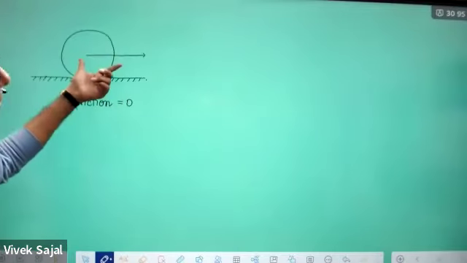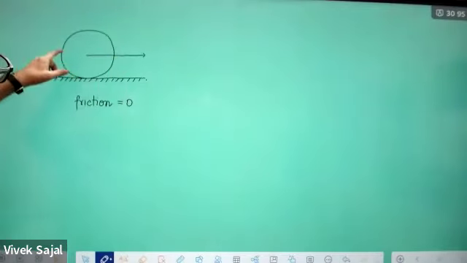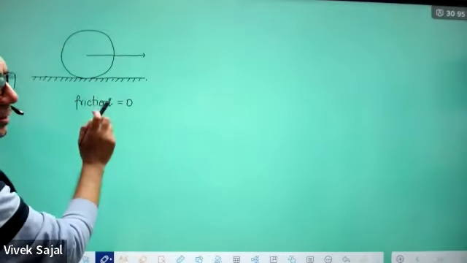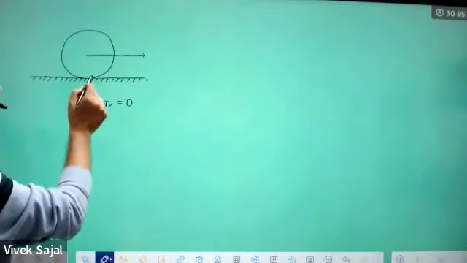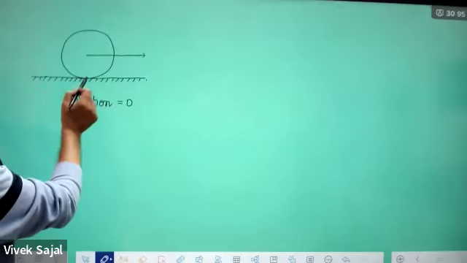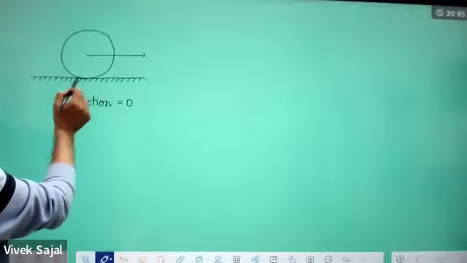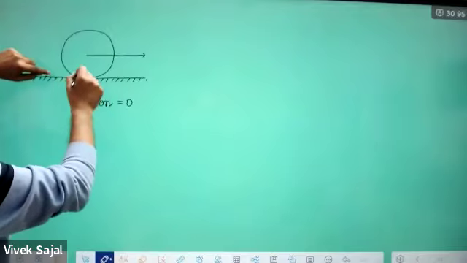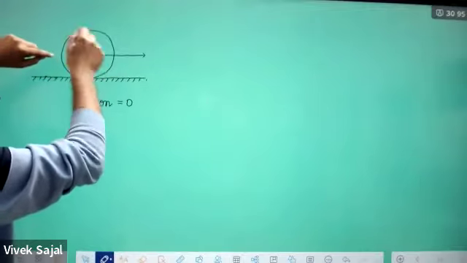This object is not going to rotate. For rotation, you need a friction force. If you want to rotate it, you need a friction force so that a torque will be there. If the friction force is acting like this, then it can create a torque, and due to that torque, this object can rotate.